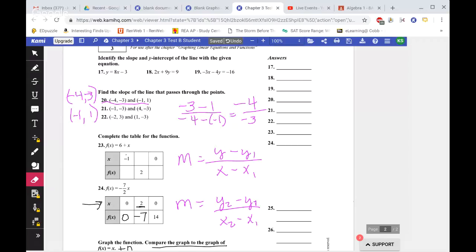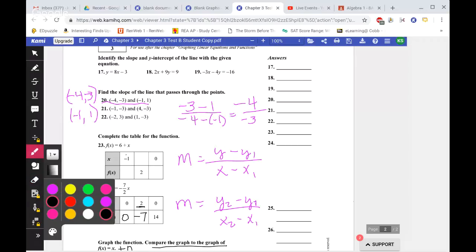So you're subtracting your 2 Y coordinates and your 2 X coordinates. The reason they put the subscript numbers on there is to ensure that if I use this point first on the top, then I have to make sure I use this point first on the bottom. See how they're together?